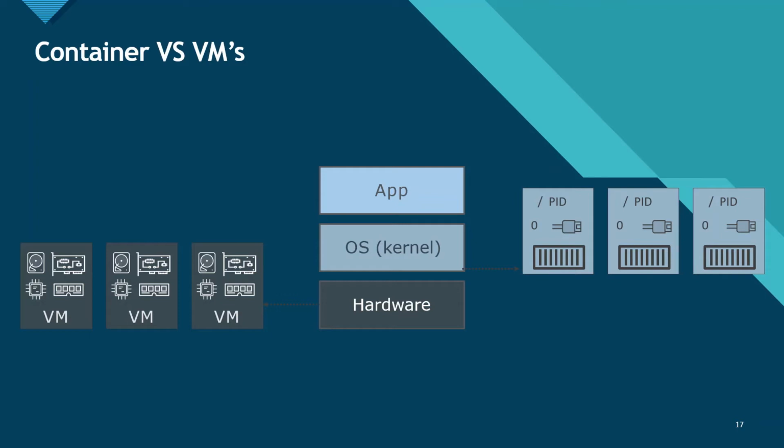But in the container world, it's really interesting, because you're not going to virtualize the hardware. You virtualize the operating system. You virtualize its process IDs, its network namespaces, and its process isolation. Anything the operating system needs, it virtualizes that part into the containers.